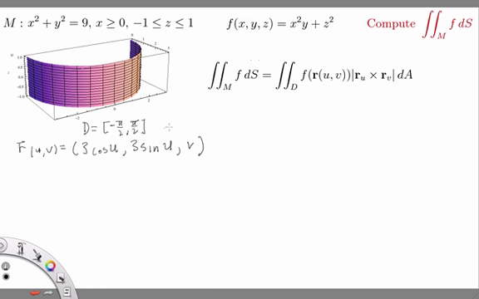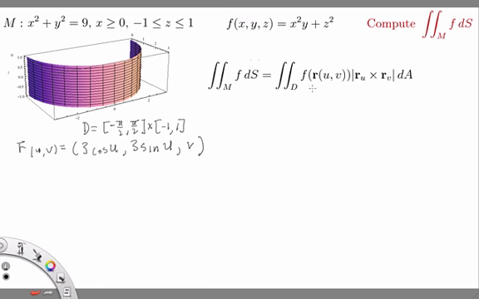So those are the angles where the x coordinates will be at least 0. And my v coordinates, well, v is just equal to z, and so it's from -1 to 1. Okay, so my domain for this parameterization is in fact a rectangle, so the bounds will all be constant, and that'll keep things fairly straightforward.